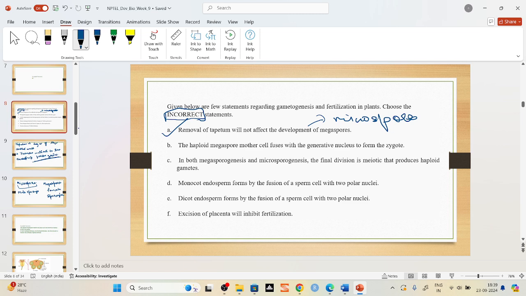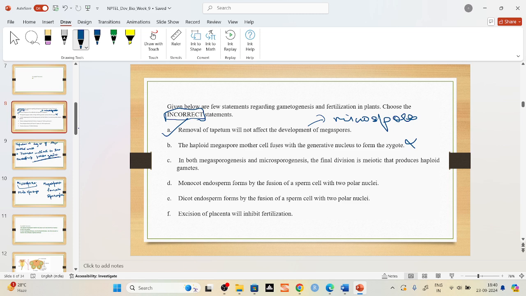What does this mean? Is this a correct statement or incorrect statement? It is an incorrect statement. Why? Because first thing here it is written is the haploid megaspore mother cell. Your mother cell is haploid or diploid? Your mother cell is diploid in nature.